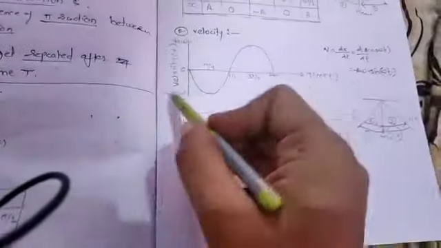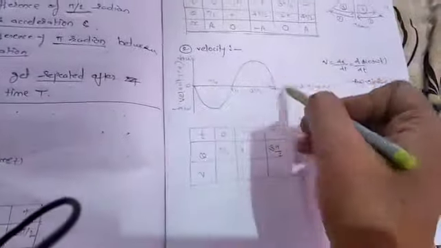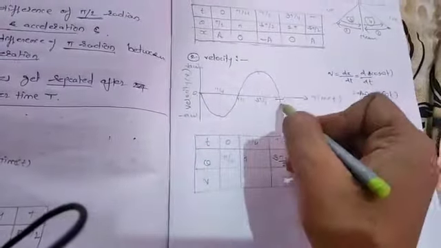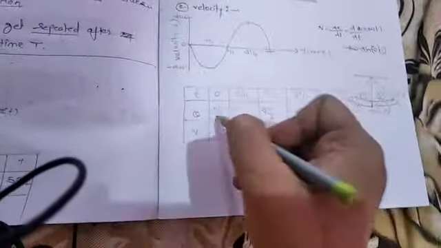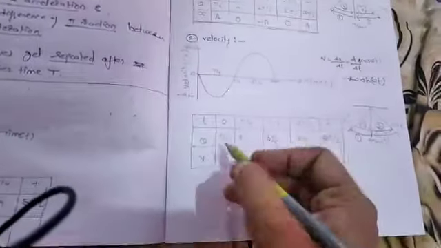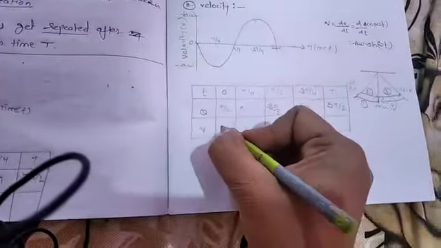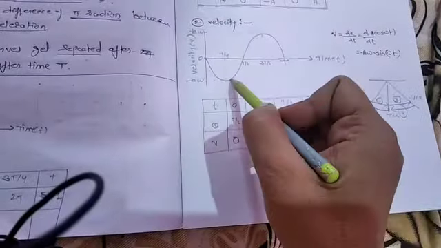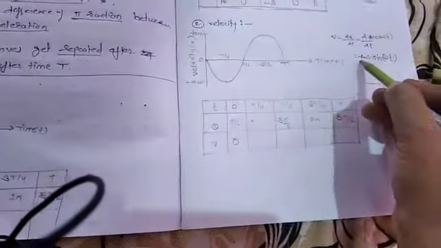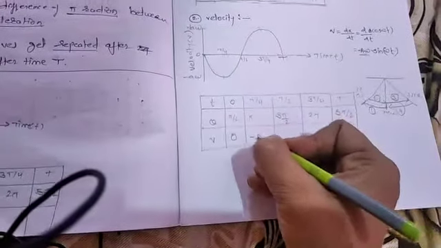So for one oscillation, T is divided again in the same way: 0, T by 4, T by 2, 3T by 4. As the particle is at the mean position, we can write here that v is equal to 0. Then it is moving towards the negative extreme, where the value is minus a omega.